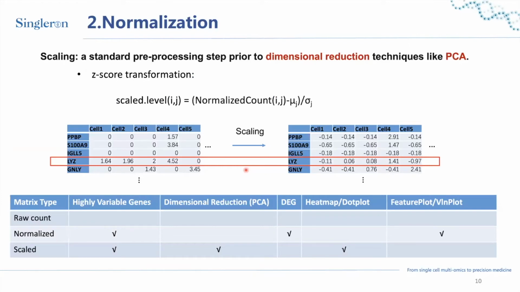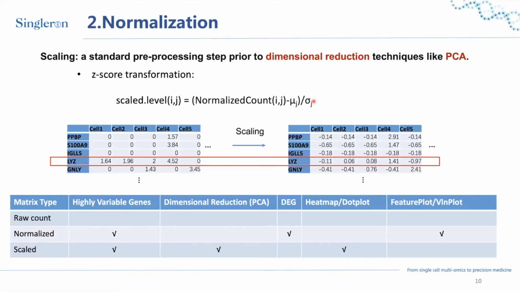Scaling can also be considered a process of normalization, and it's a standard pre-processing step prior to principal component analysis, shortened as PCA. A normal way of doing it is the Z-score transformation. The normalized count is subtracted by the mean of that gene and divided by the standard deviation of that gene.